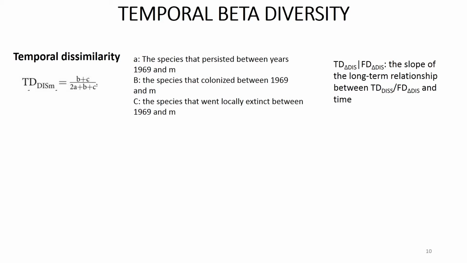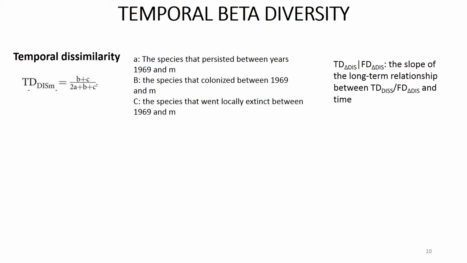To evaluate the temporal beta diversity, they investigated the temporal dissimilarity using this formula, which compares the dissimilarity between the baseline year and the year 2016.